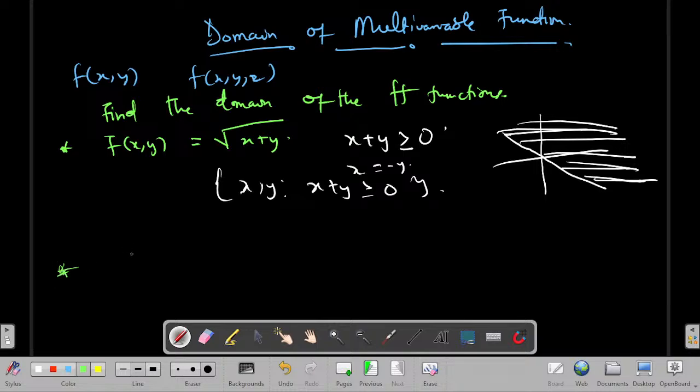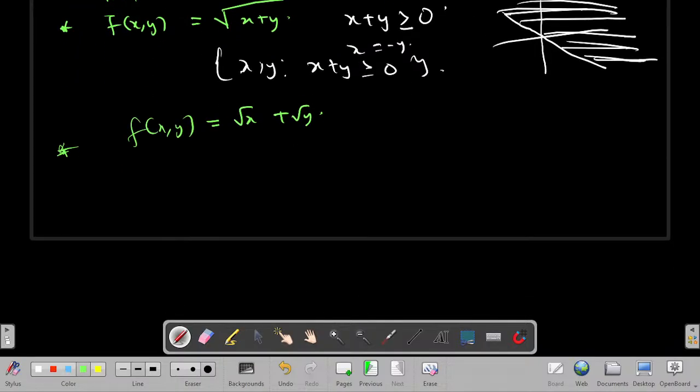Let's check the next one. f of x comma y is equal to the square root of x plus the square root of y. With this, we're going to have x greater than or equal to 0 and y greater than or equal to 0. Okay, so it's the same thing as we did. They are different. You treat this separately from this. Now, how do you present this graphically?